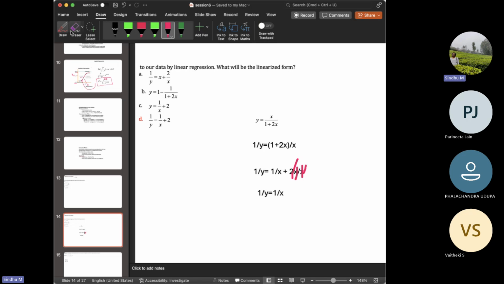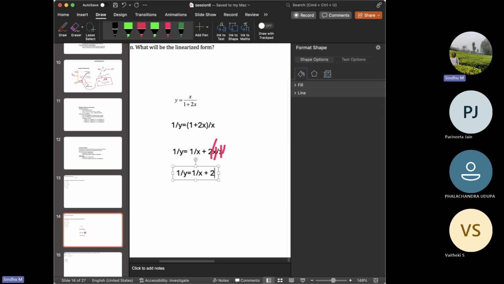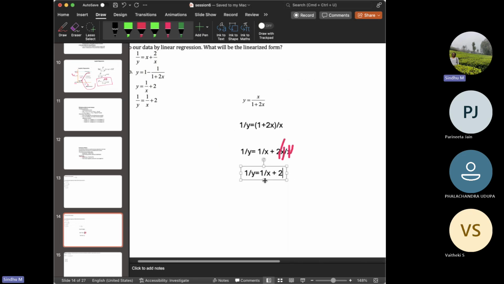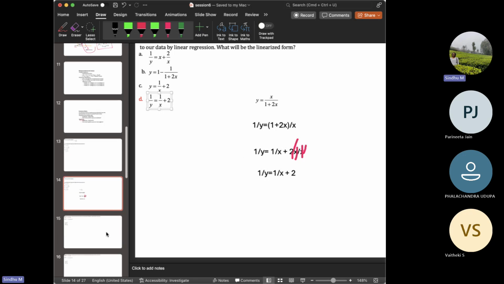And 2 will be remaining. So the correct answer is 1 by y equal to 1 by x plus 2, which is option D. So let's go to the second question now.